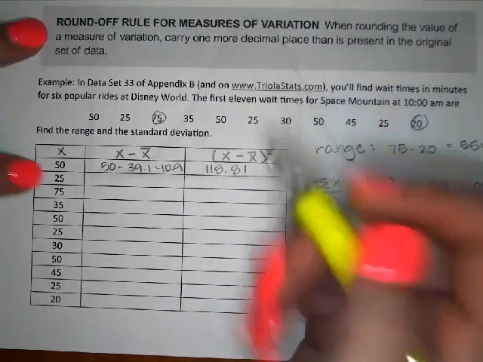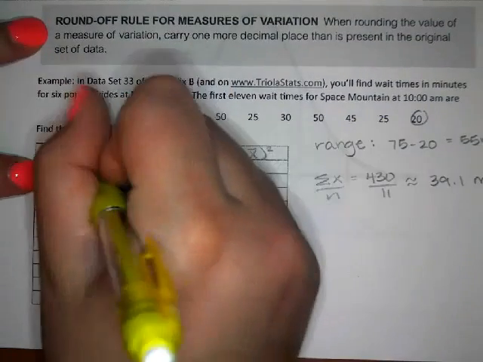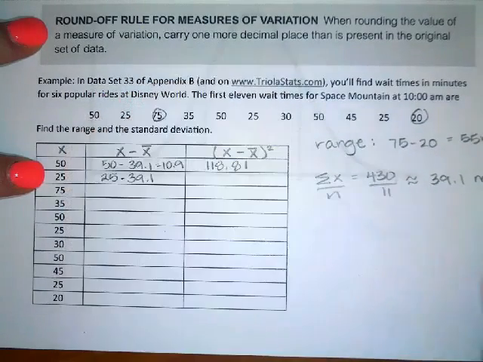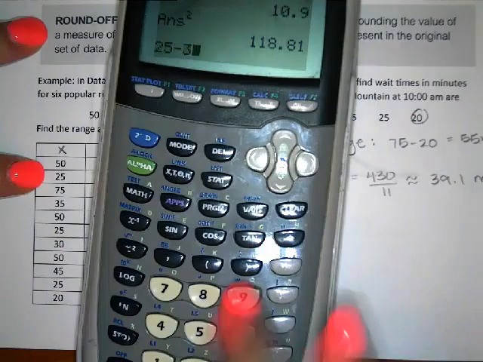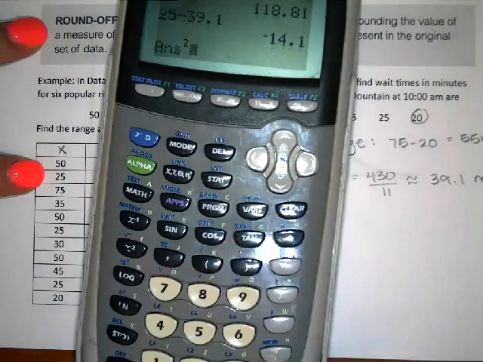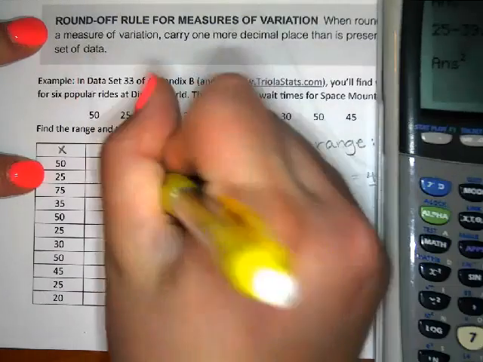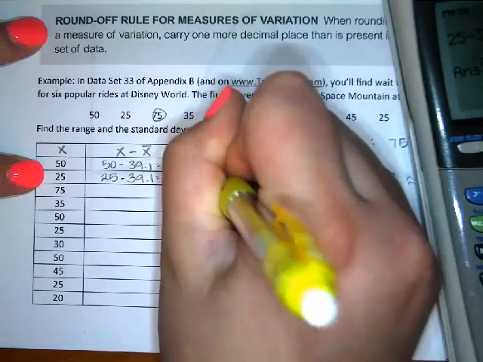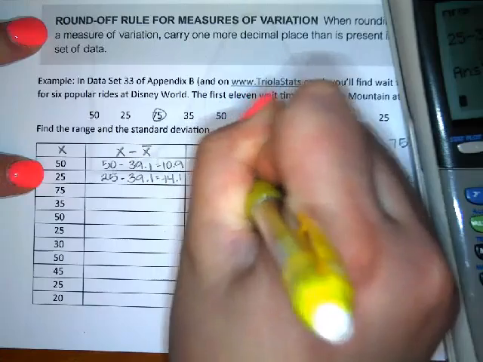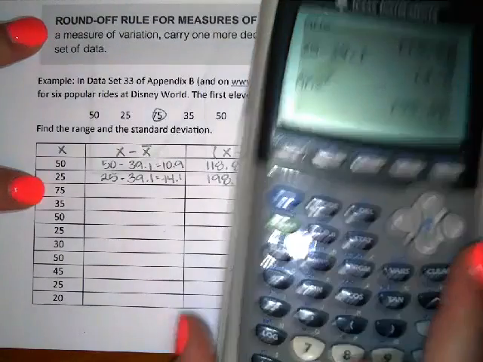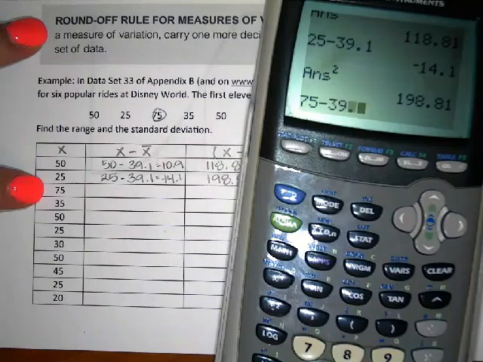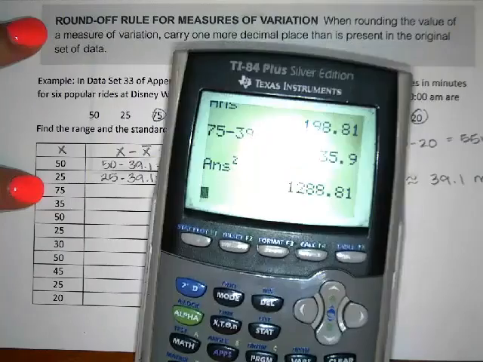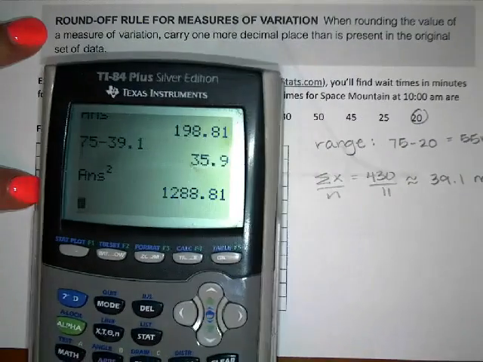Okay, so for the next one, I've got 25 minus 39.1. And then squared, so negative 14.1, and then 198.81. There's my next two computations.